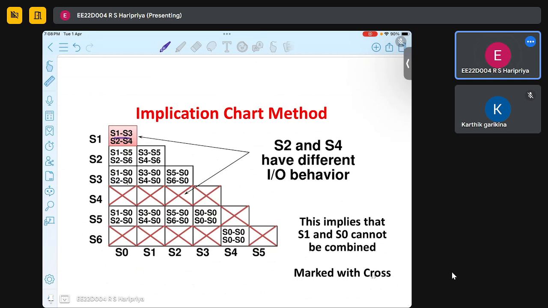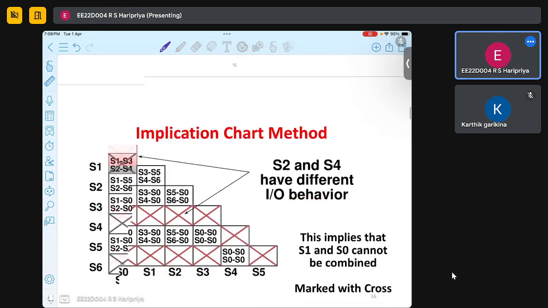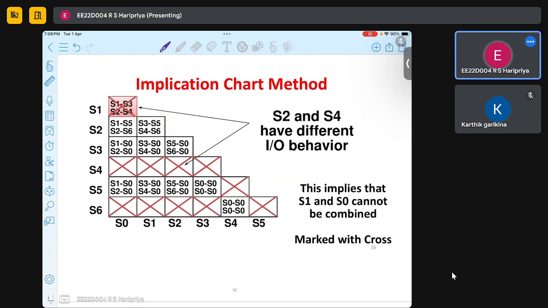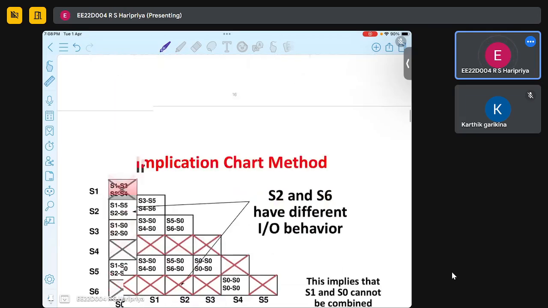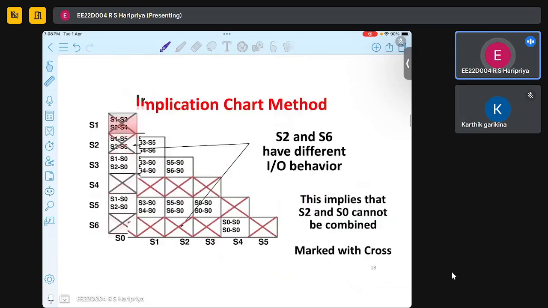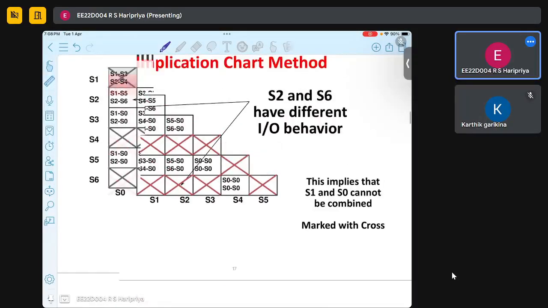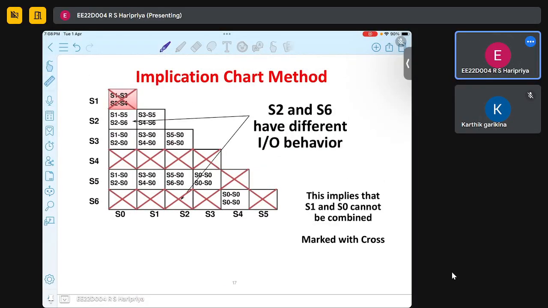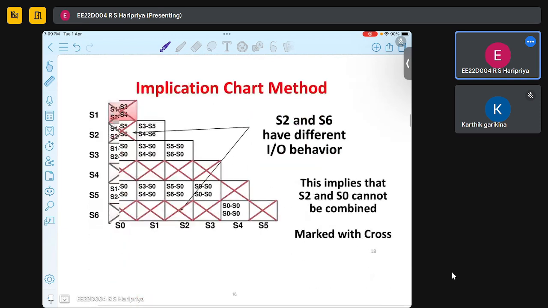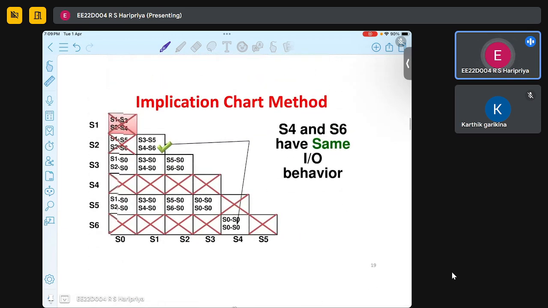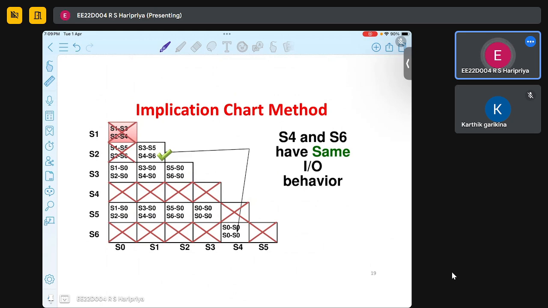S2 and S4, this is a cross. So this is not possible. So in this way, we start eliminating one by one. Next, this one. S1 and S5. This is already a cross, so this is not possible. Next, S3 and S5. S2 and S5.